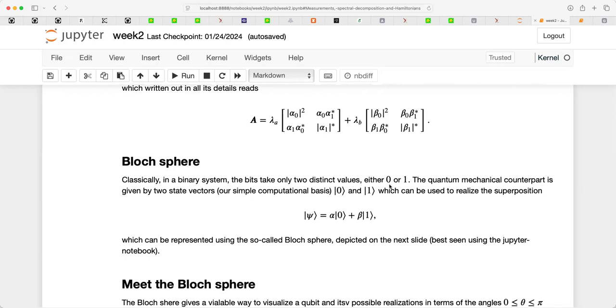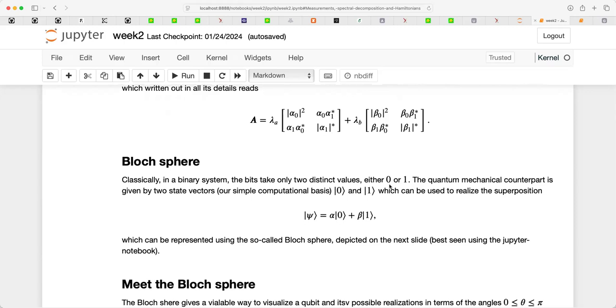If you think of a classical system and you were to plot it, you could just think of 2 points, 0 and 1. That is well defined. Quantum mechanically, on the other hand, since these alphas and betas are complex constants, I can rewrite this in terms of points on a sphere.